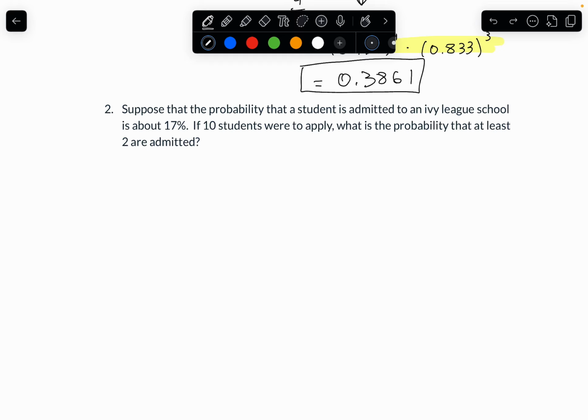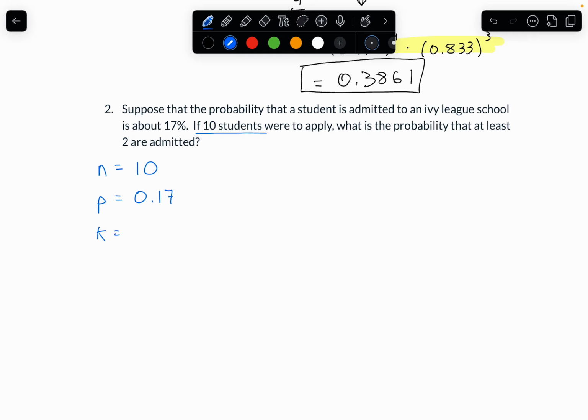So when we say at least 2, let's actually start by thinking about the number of trials. Let's back up for a minute. The number of trials, which is n, we have 10 students that are applying. So we are thinking about these 10 different students. The probability that each one of these students is admitted, which I'm going to assume is a success here, is 17%, or 0.17.